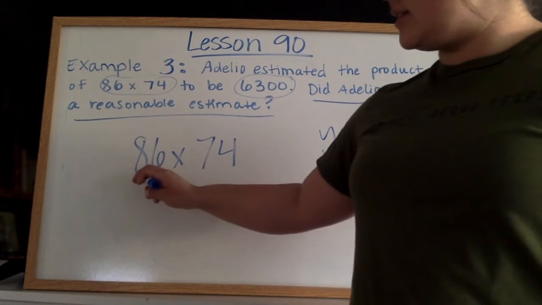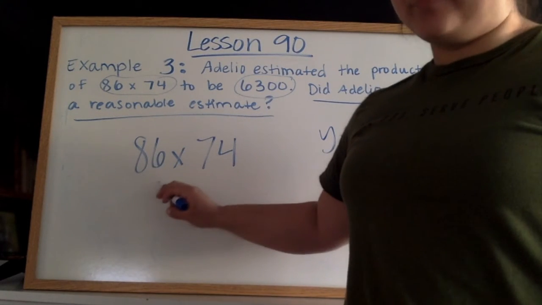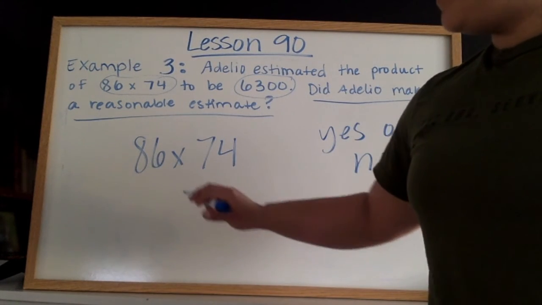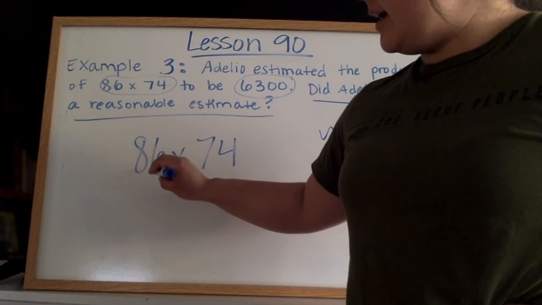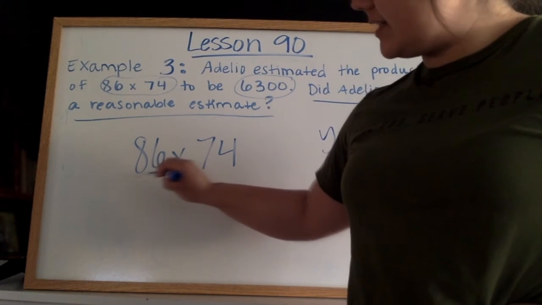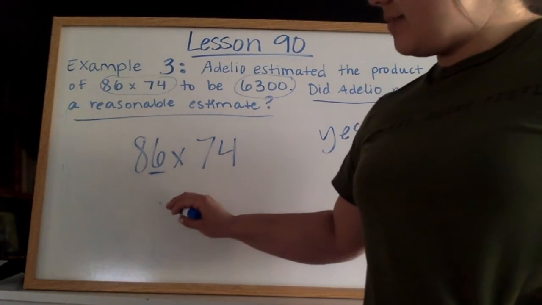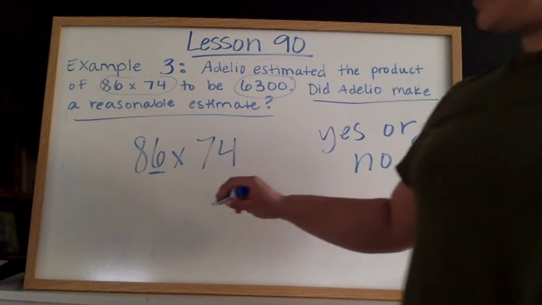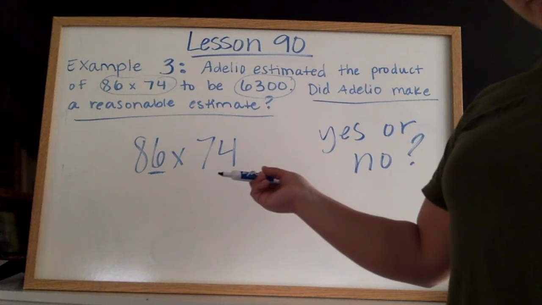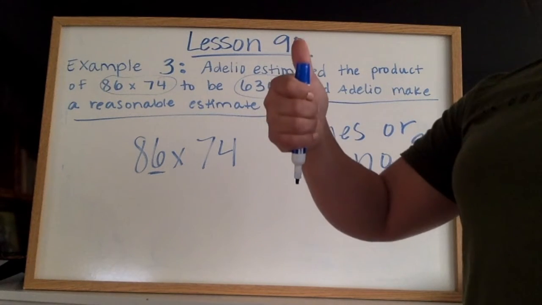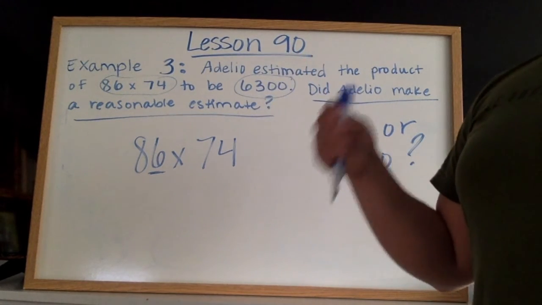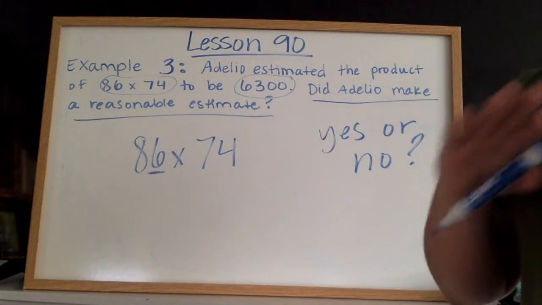So if I look at 86 here, I see that we have a 6 right here. Every time it's 5 or more, we raise the score. And if it's 4 or less, we let it rest.